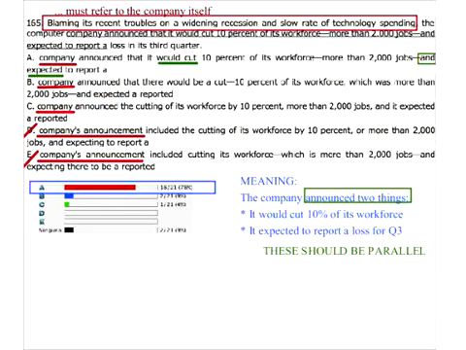In choice B, the parallel structure is not between the right things. The things that they've put in parallel are announced and expected. These aren't the right items.